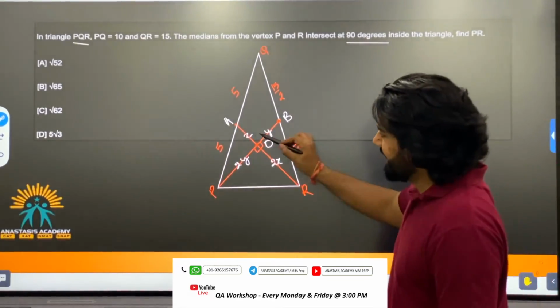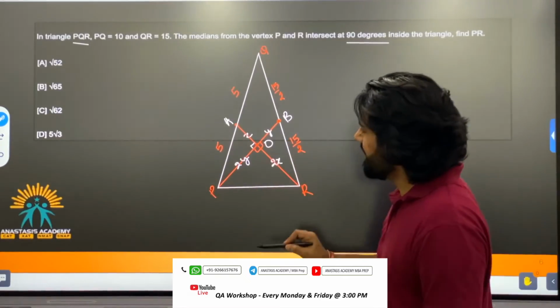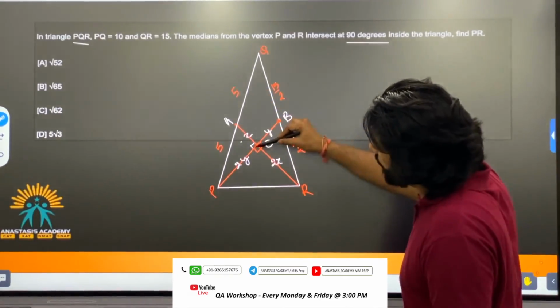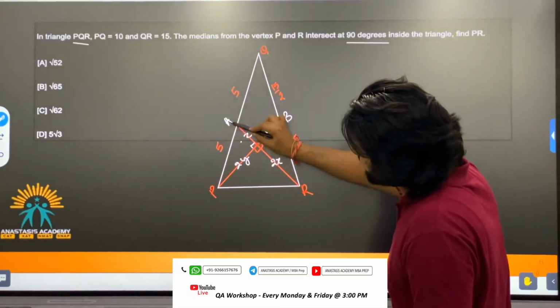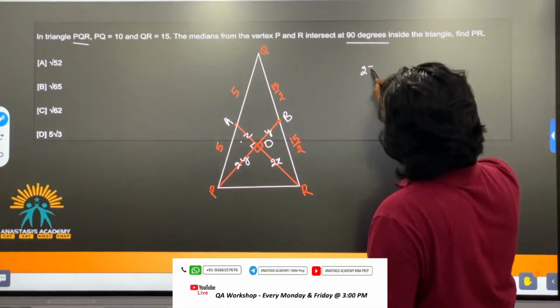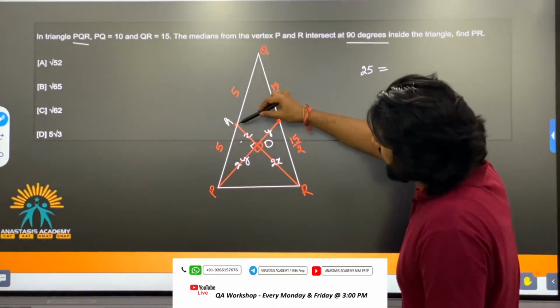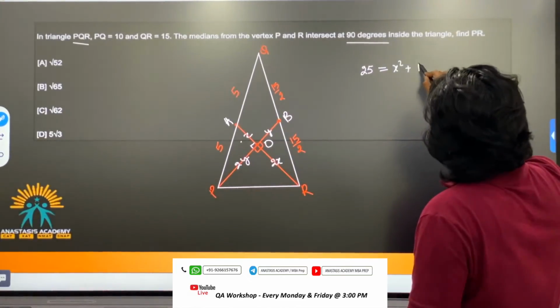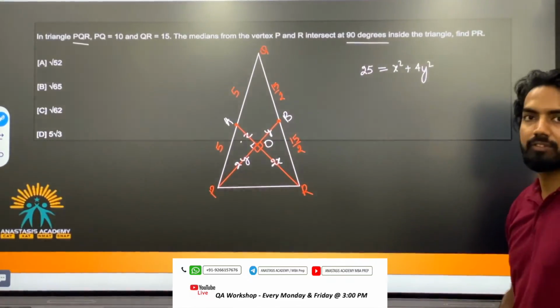Now this is a right angle triangle, we can use the Pythagoras theorem here. In this triangle AOP, hypotenuse is AP, so AP square, that is 25, is equal to AO square plus PO square, which is x square plus 4 times y square.